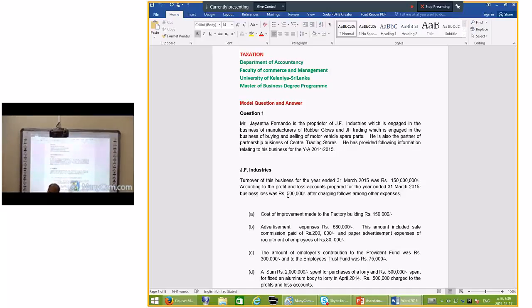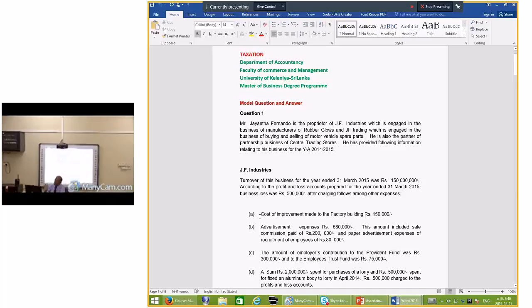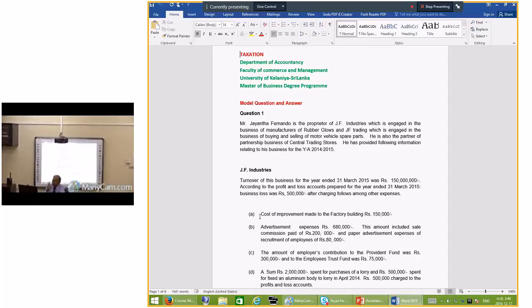He has prepared it on that basis and given the result, after charging the following among other expenses. Some expenses have been charged, including the cost of an extension to the factory building, 150,000.